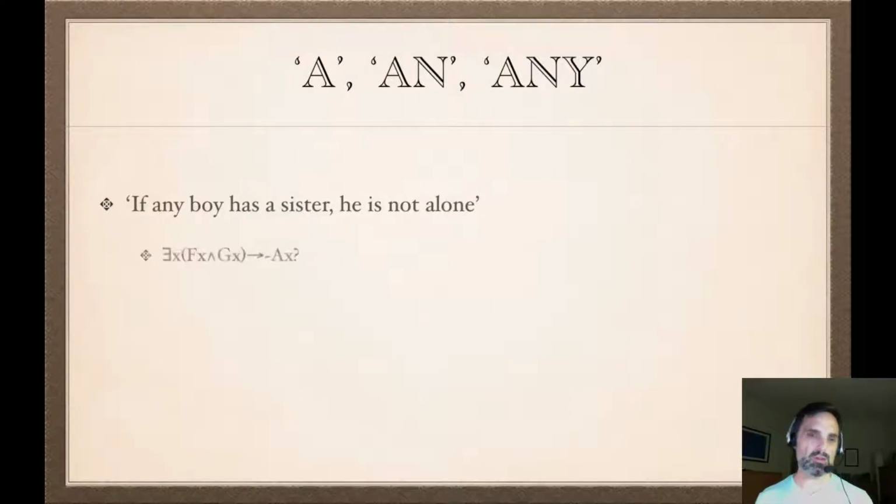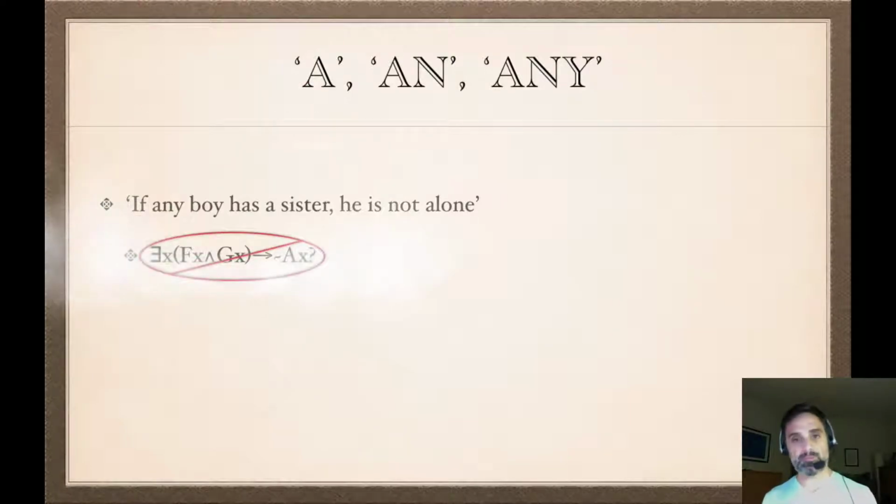So you might think, well, I'll symbolize this like we symbolized the previous sentence. We had the any in the antecedent, so we'll just symbolize the antecedent the same: some x, fx and gx, and then conditional, and then he is not alone, not ax.